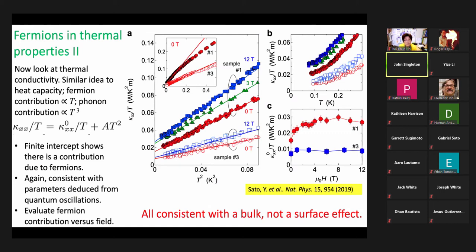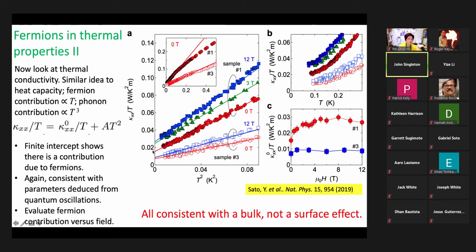This is a bit more complicated diagram because it was done at lots of different magnetic fields, but basically the same thing is happening here. It's a similar idea to the heat capacity. The fermion contribution is proportional to the temperature, while the phonon contribution is proportional to T cubed. So if we plot the thermal conductivity divided by temperature, the electron contribution will come out as a constant, and then we will get this AT squared here. So this will turn out to be an intercept, because the T will just divide out the T in the upper place.